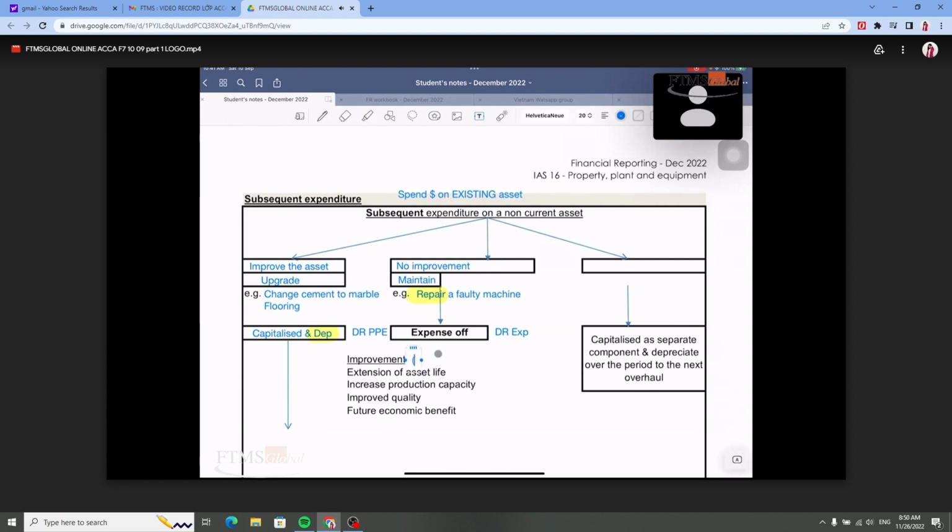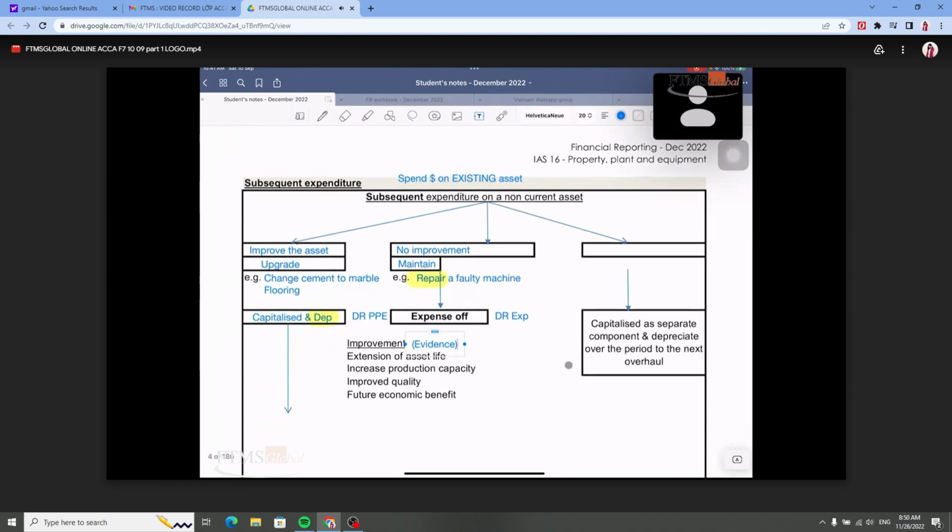Evidence telling you there's an improvement. Something like that will appear in your exam. They will say the company spent money on an existing asset. After spending money, the useful life increased from 10 years to 20 years. So that's evidence of improvement, so the expenditure I should debit to PPE.